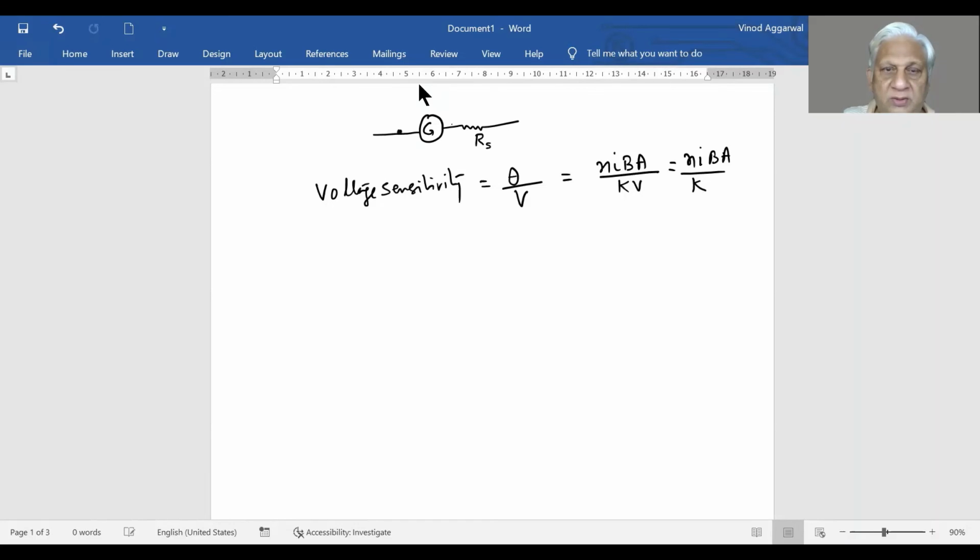The total voltage is more or less completely dropping across points A and B. So if this is the current, the voltage drop across A and B is I times the total resistance.